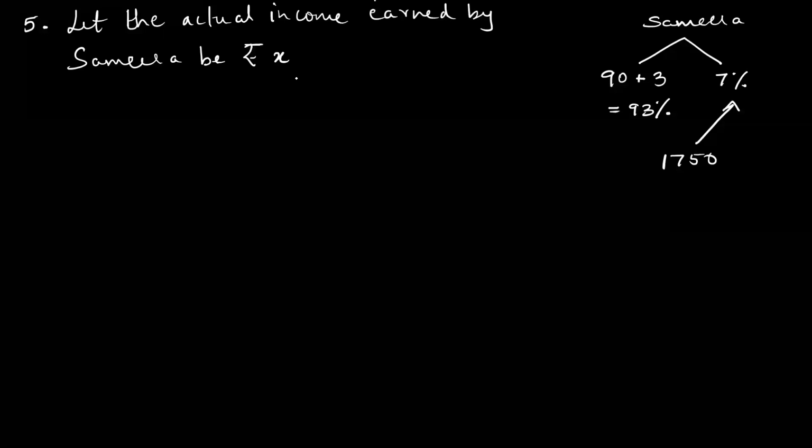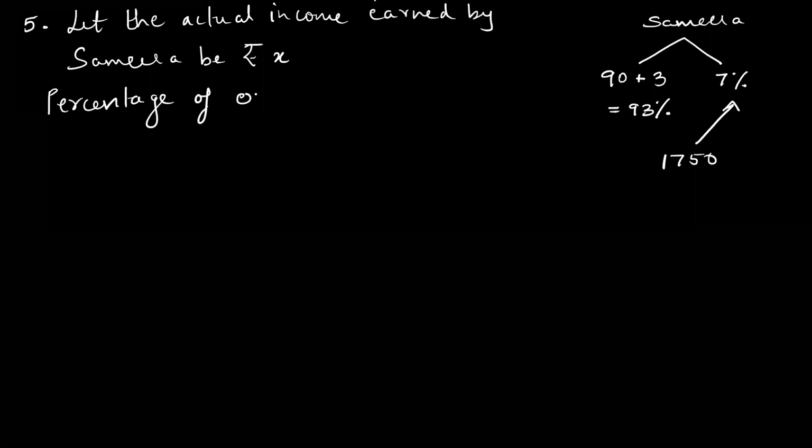Percentage of expenditure is equal to 90 plus 3, which is equal to 93%.